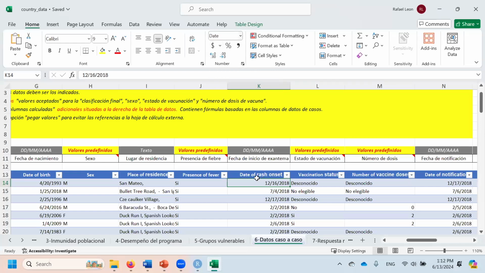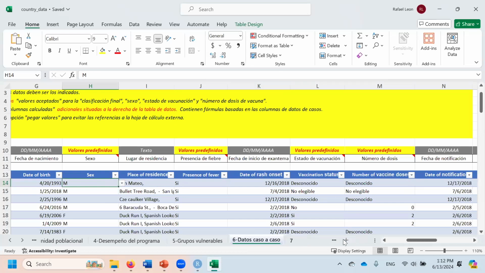There are also some variables such as sex or travel history that have predefined values, and one must only select those options when answering the question.